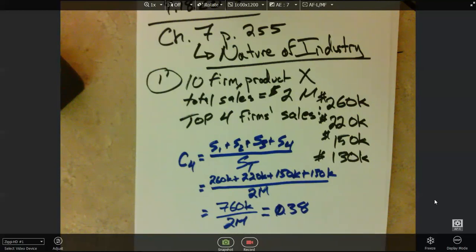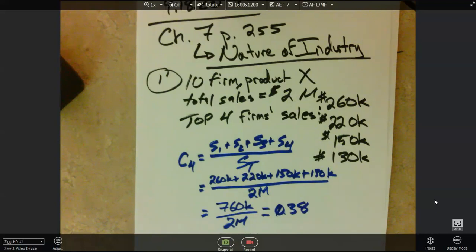I asked, calculate the 4-firm concentration ratio in the market for product X, and I was just reading right out of the book for question 1. So that's equivalent to what we talked about in class on Monday. Good question. Other questions? Sorry? You said that's 10 firms, but all we care about is the top 4.